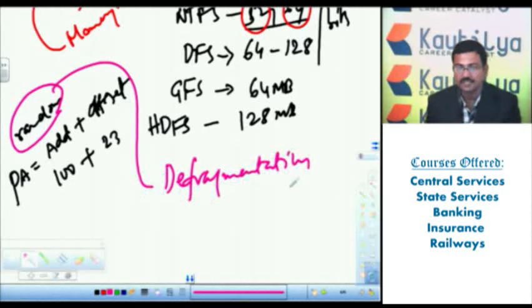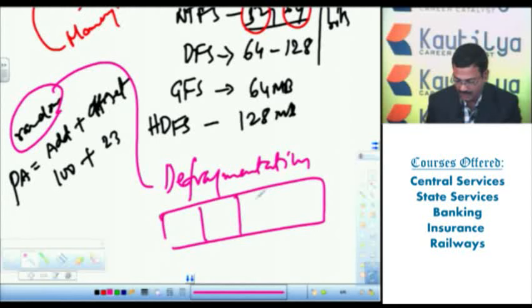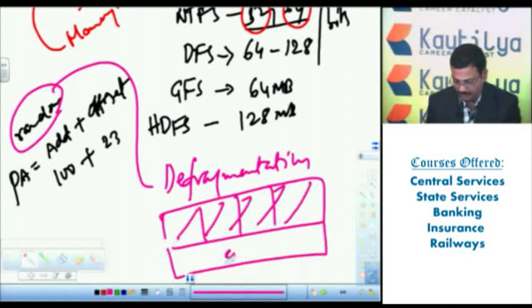Defragmentation is a mechanism where the data locations are organized in one particular fashion, so that some of the memory locations are made empty. These are all organized data, and these are all empty slots. That means we gather all the empty slots at one place, and all the contents that are available are stored at one particular place. That is the mechanism of defragmentation.